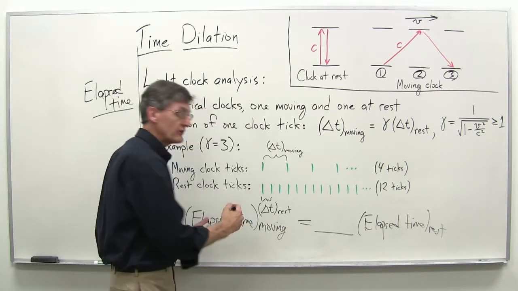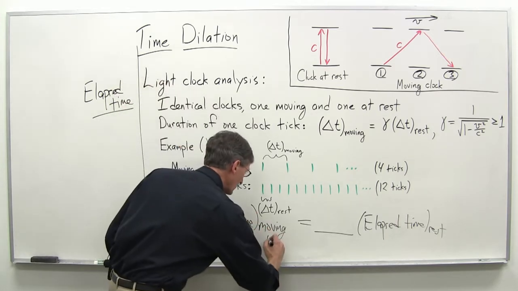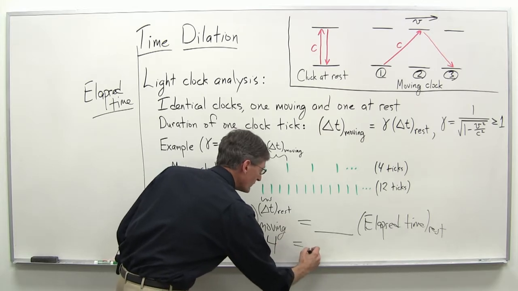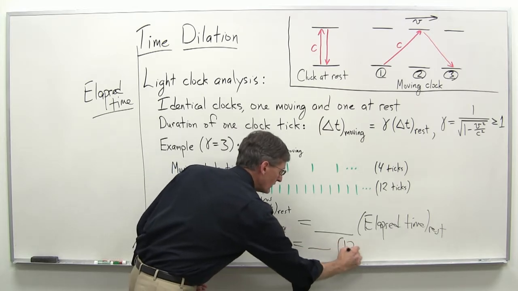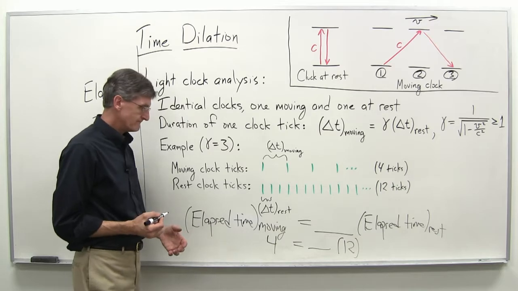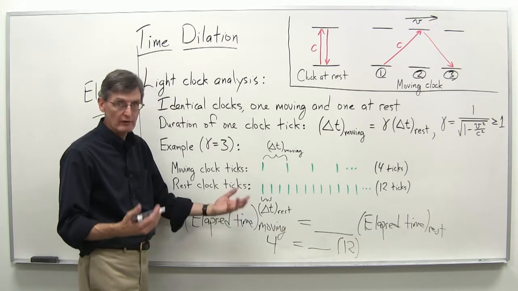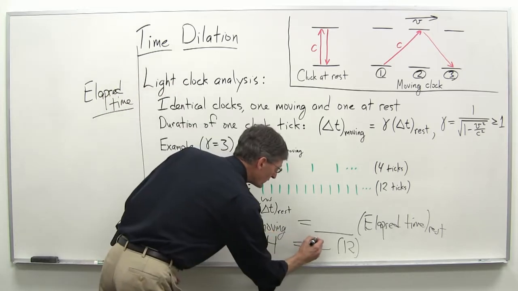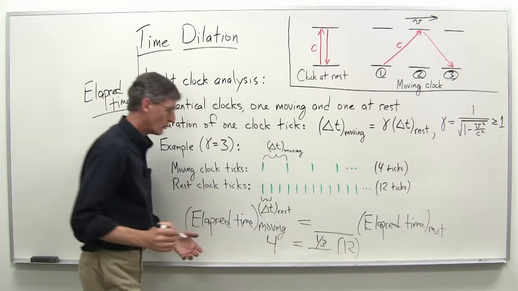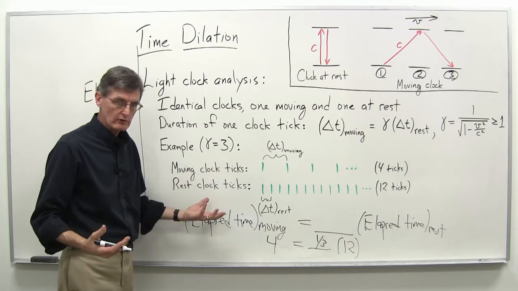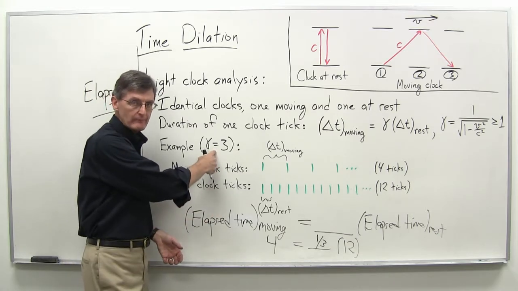So we need an equation essentially in that specific example that would say 4 equals something times 12. Well, what is that? It's 1/3, right? 12 times 1/3, 12 divided by 3 is 4. So this number right here is 1/3. In other words, in general, it's 1 over gamma.